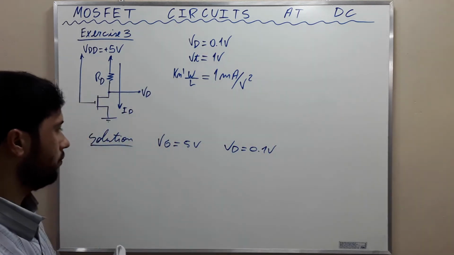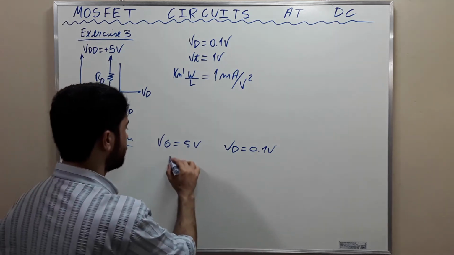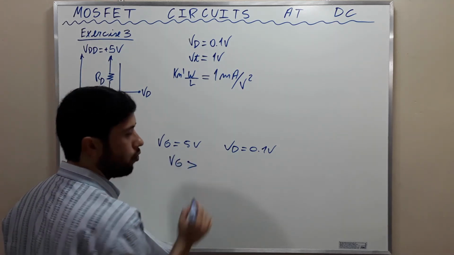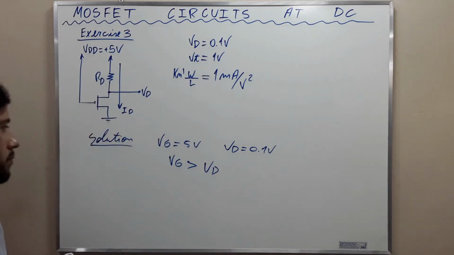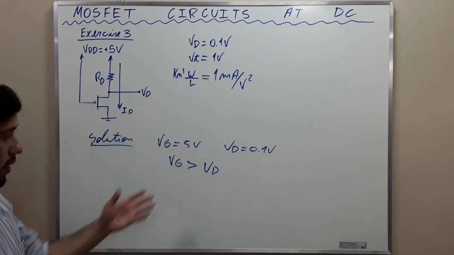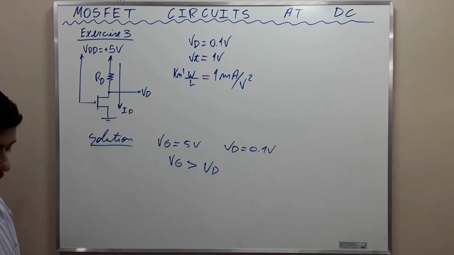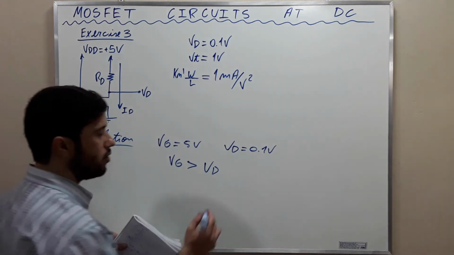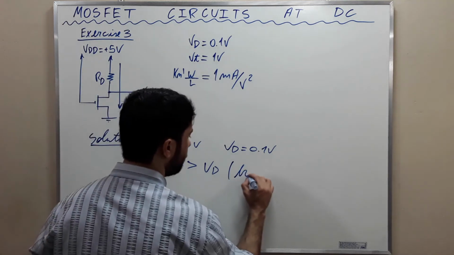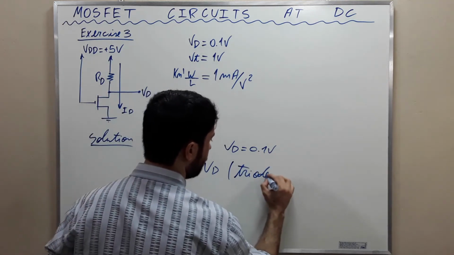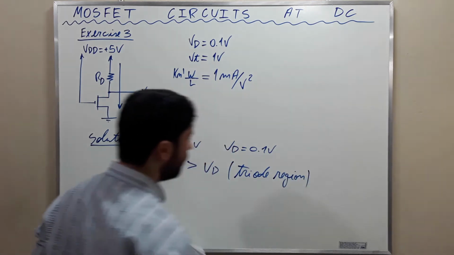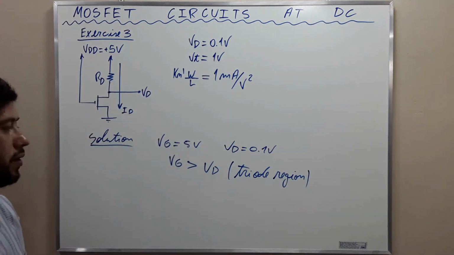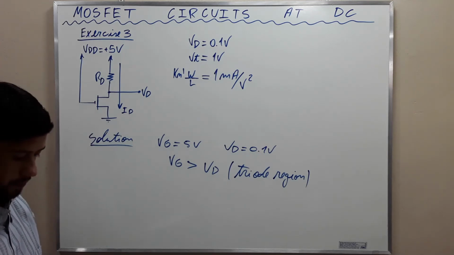Then VG is greater than VD. Then we conclude that the MOSFET is operating in the triode region. The MOSFET is operating in the triode region.